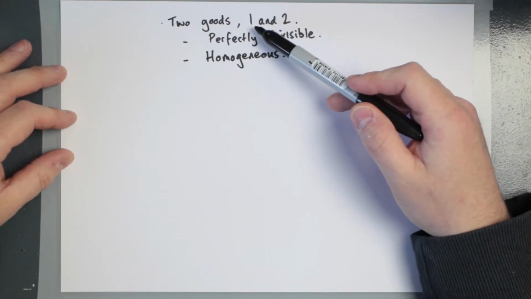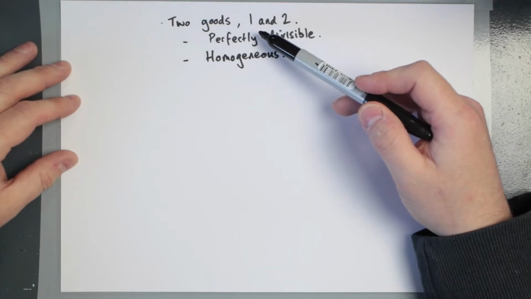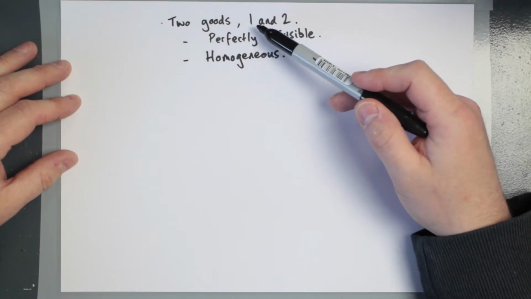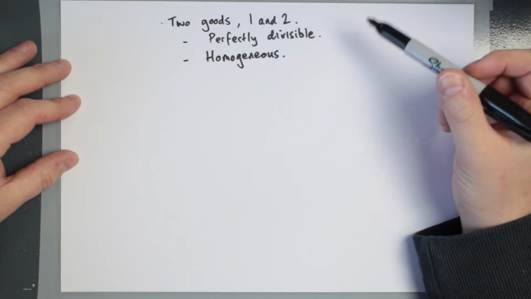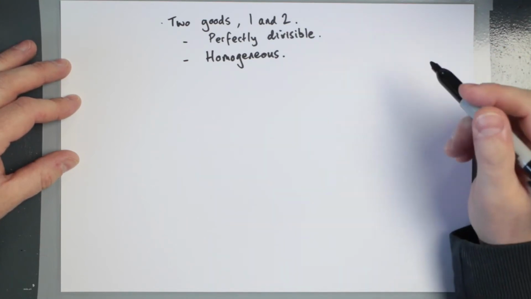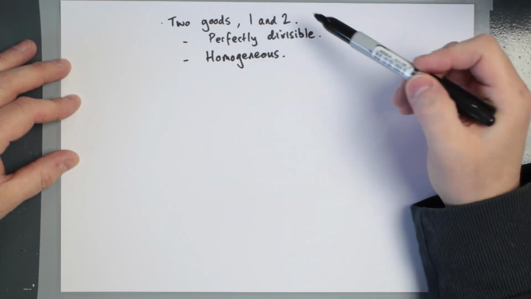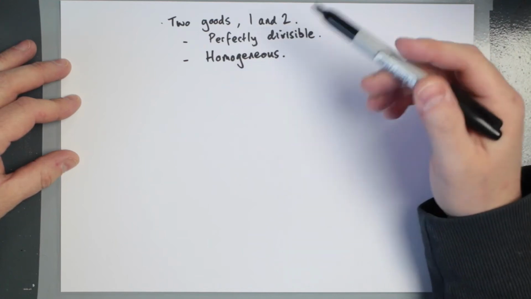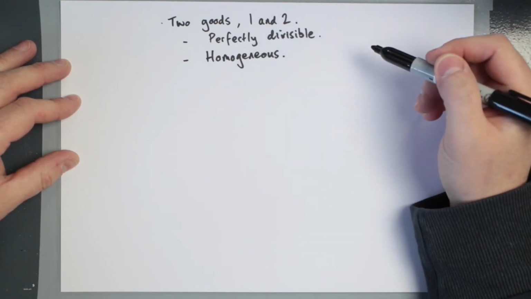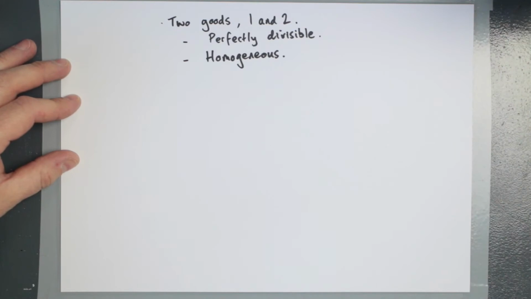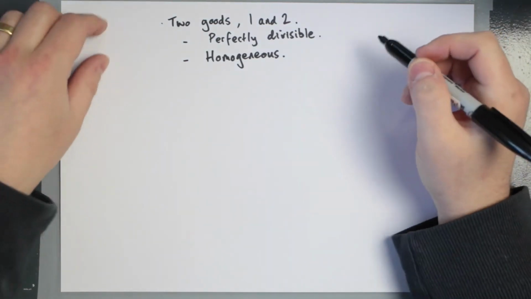Okay, so if good 1 represented amounts of apples, for instance, then we wouldn't be looking at green apples, red apples, pink ladies, golden delicious, and all these various types. We're just going to say there is one type and all units are the same. Okay, so again, this is a simplifying assumption.